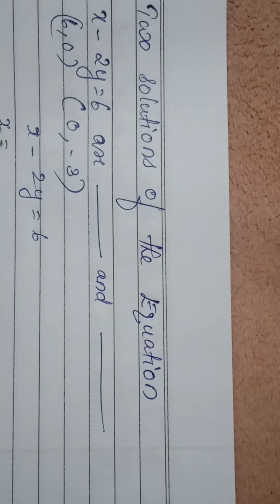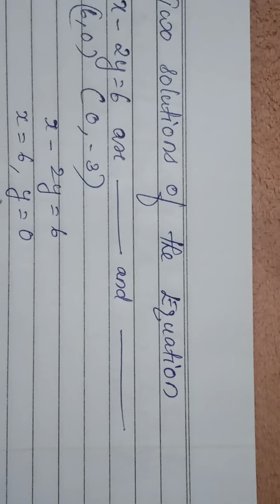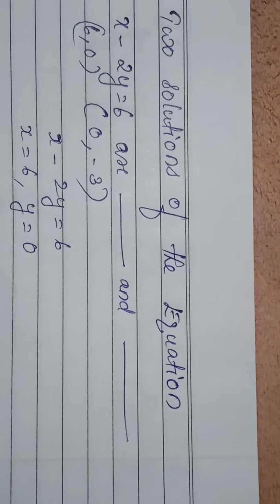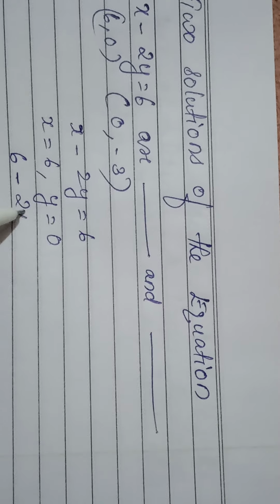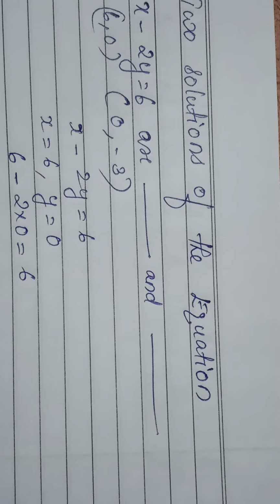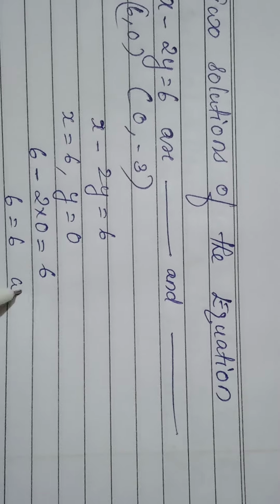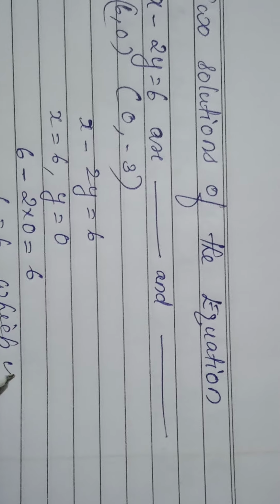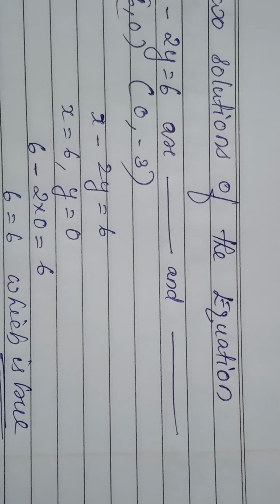So x = 6 and y = 0 is the first solution. Understood? So we substitute x = 6 minus 2 into 0 equals 6. Then we will get 6 = 6, which is true. Understood? Which is true.